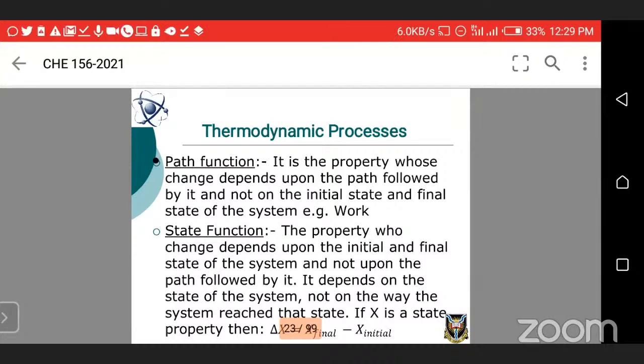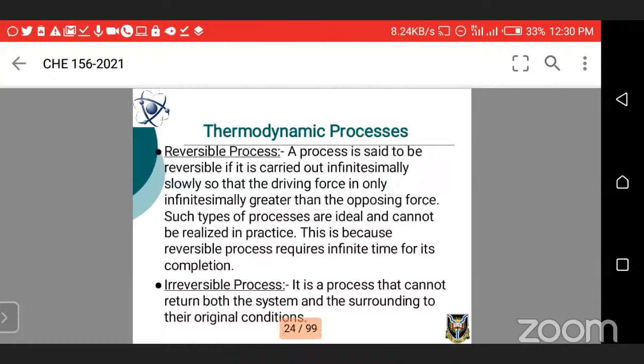So it depends on the state of the system, not on the way the system reached that state. For example, if X is a state property, then we have delta X, which will be X final minus X initial. That will be the change in X.